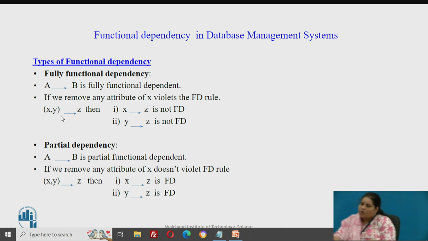That means depending on both attributes, we have the functional dependency.